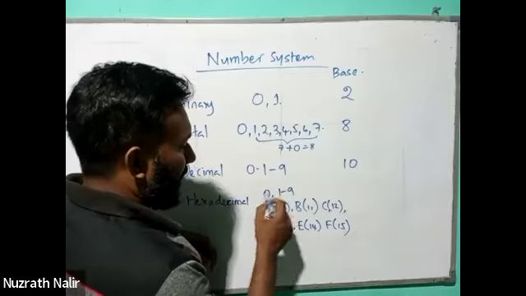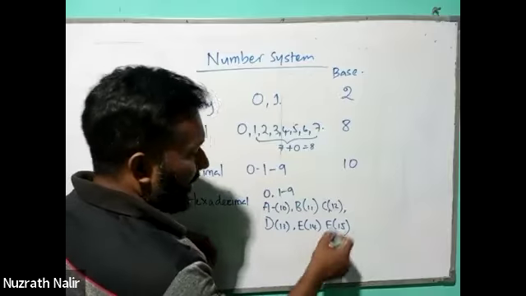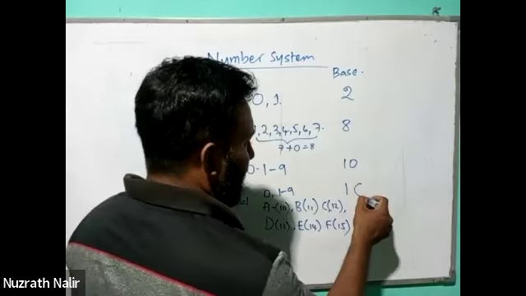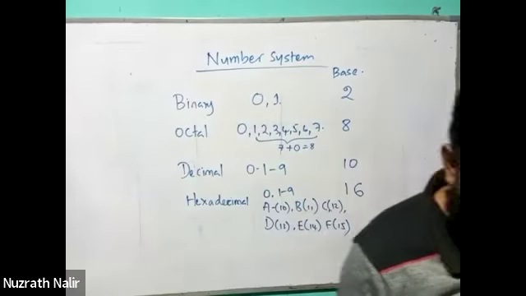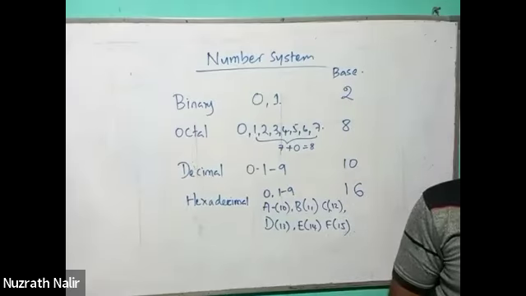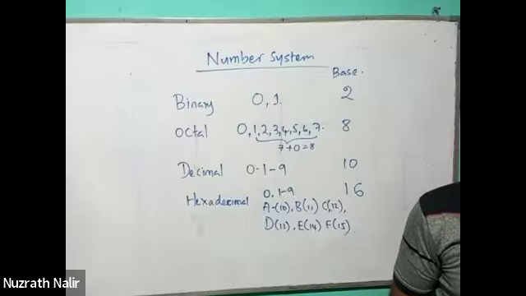Then altogether 0 to F, 1 to F is 15, plus 0, 16. That's why the base is 16. Okay, my dear students, can you write this down in that particular book, page number 25.